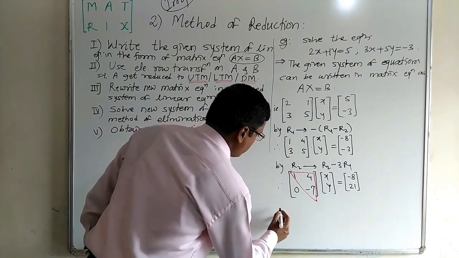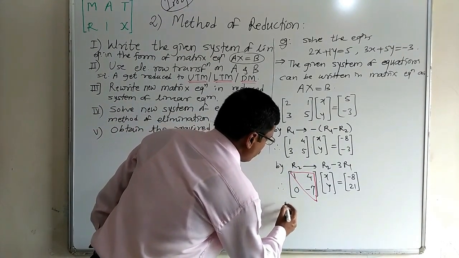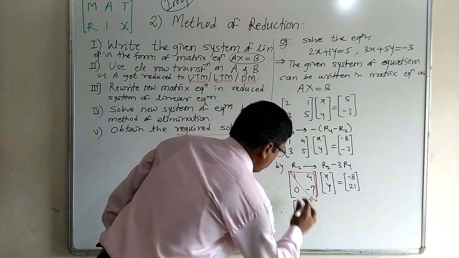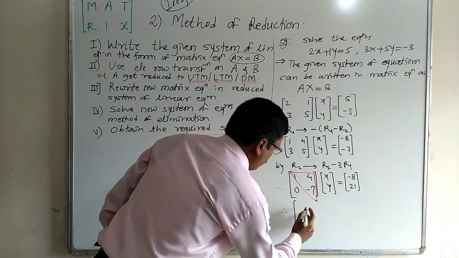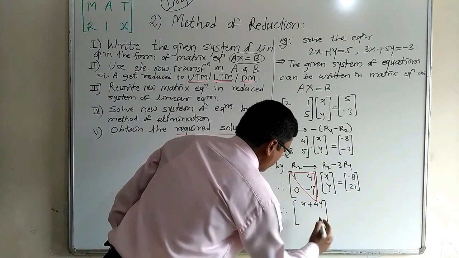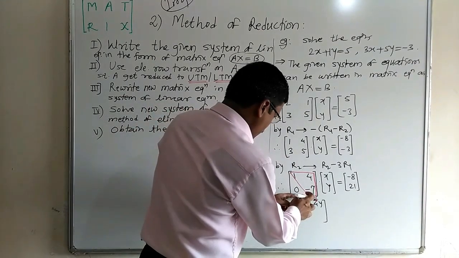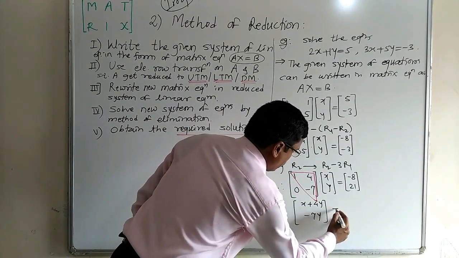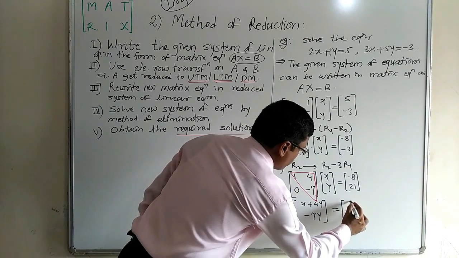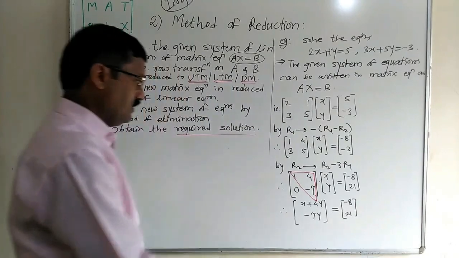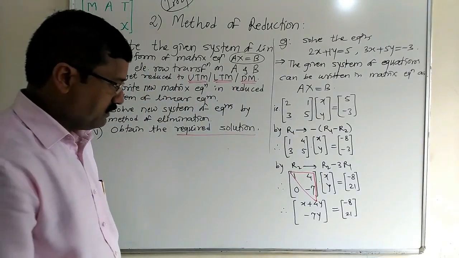Now write linear equations here. So taking multiplication, we get, therefore, 1x plus 4y means x plus 4y. And taking matrix multiplication, this is 0 minus 7y is equal to these constants, minus 8 and 21. So we get these two equal matrices.